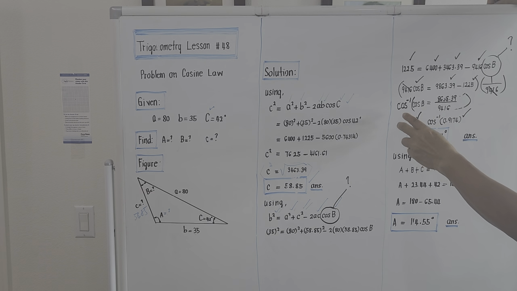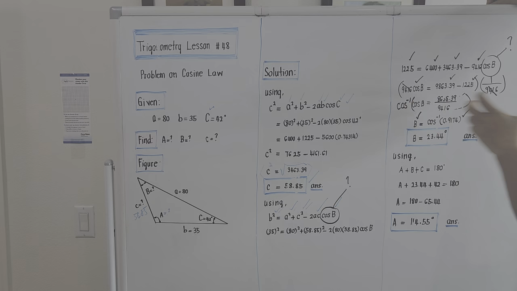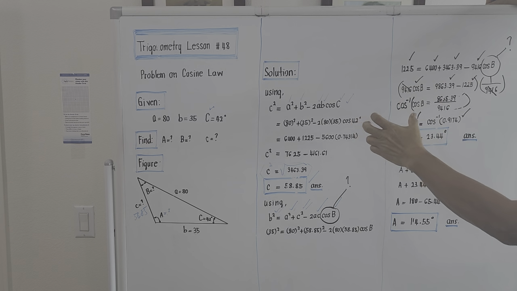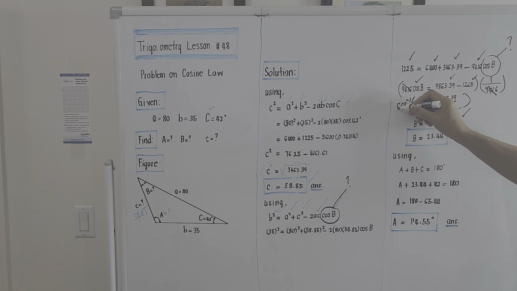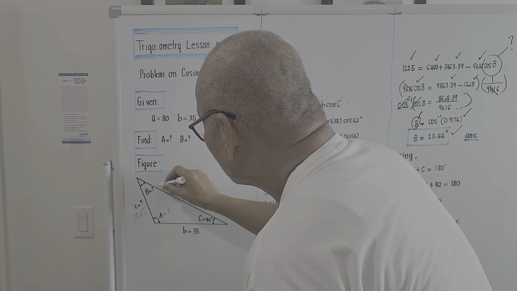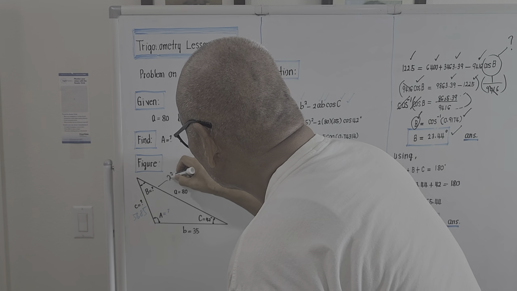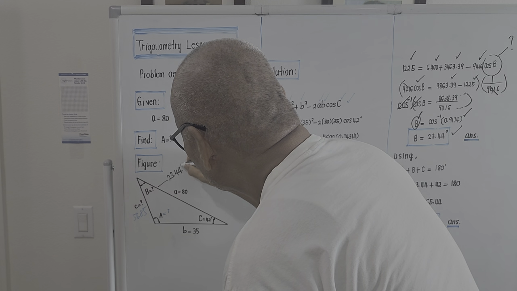So what remains is just B, the one we are looking for, equal to the arc cosine of 0.9174. If we use our calculator, the value is 23.44 degrees. So we now know angle B. This is now 23.44 degrees.